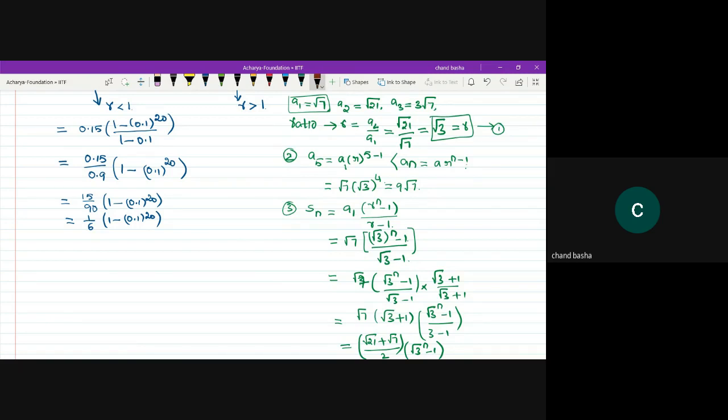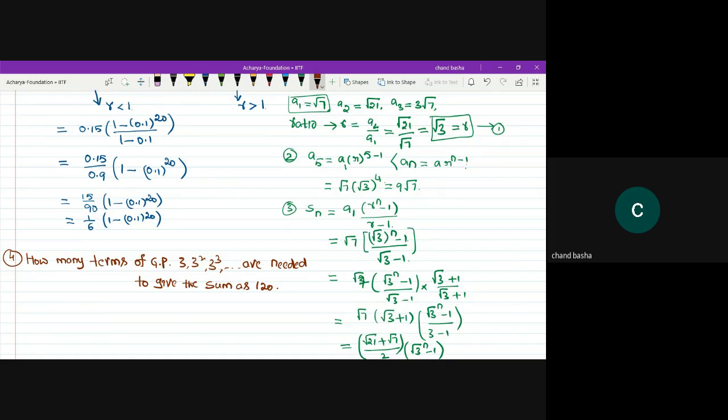Next. Hope you can do this problem. How many terms of GP 3, 3 square, 3 cube, and so on are needed to give the sum as 120?